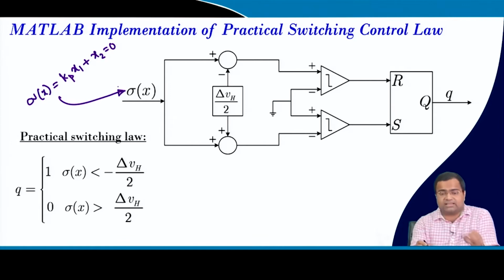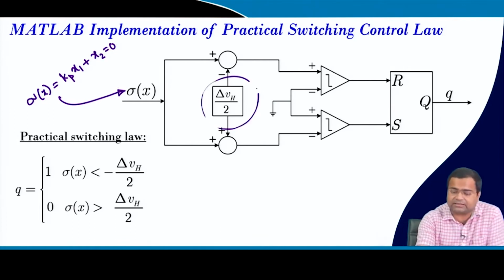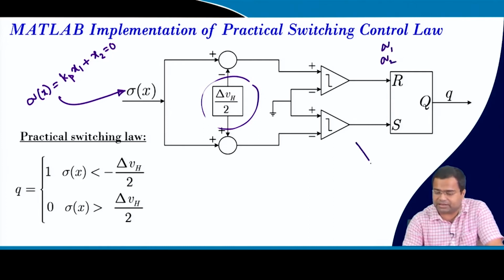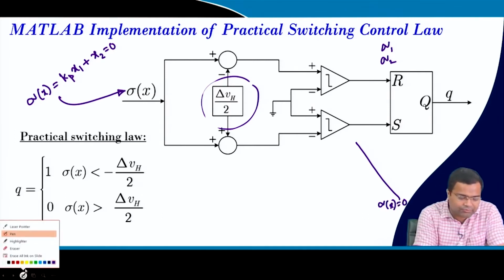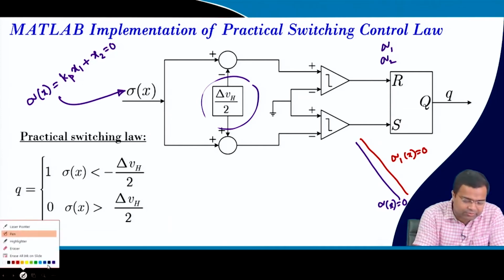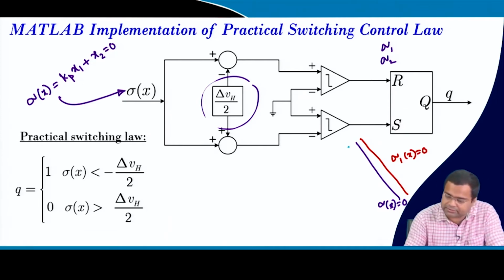And this is our hysteresis band that we have discussed, because we want to get sigma 1(x) and sigma 2(x). If we have this line, this is our sigma(x) equal to 0, then we also want to get a band, sigma 1(x) equal to 0, and sigma 2(x) equal to 0.